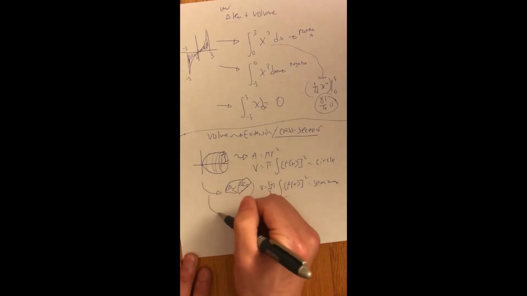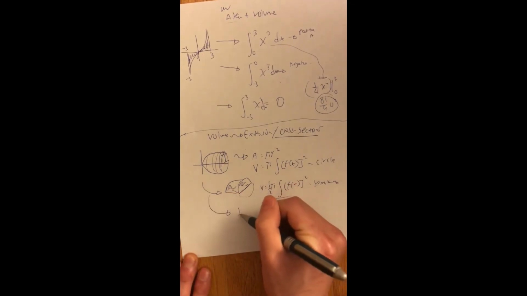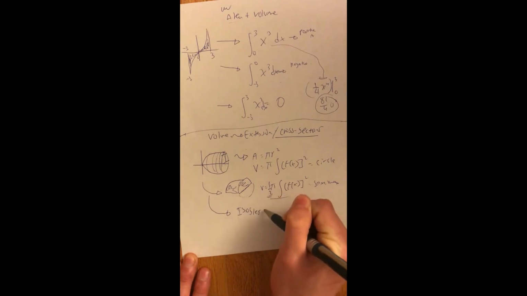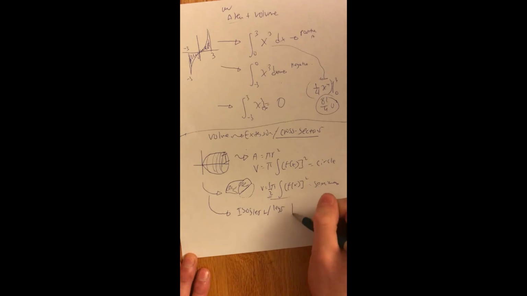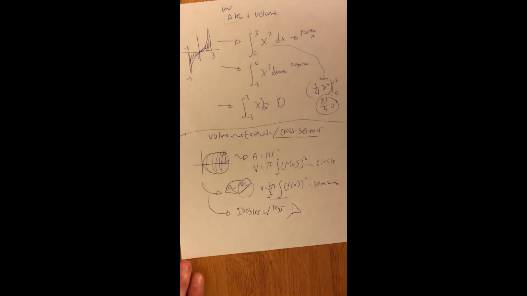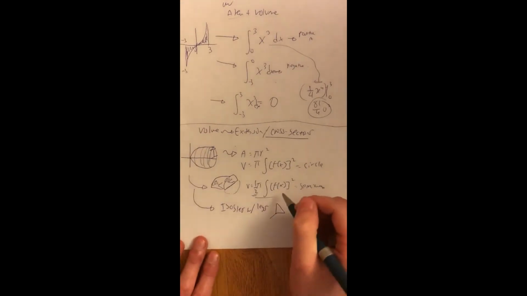And then if they had an isosceles triangle, with the legs perpendicular, with the legs as the base, to solve that, well, actually, let's do square first.